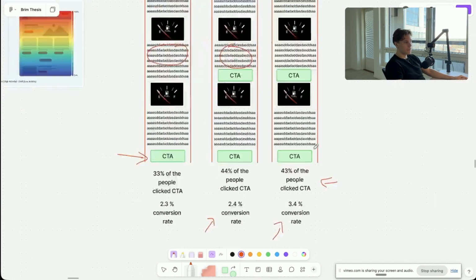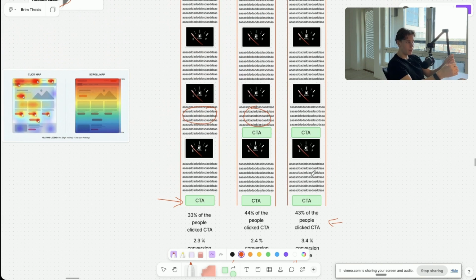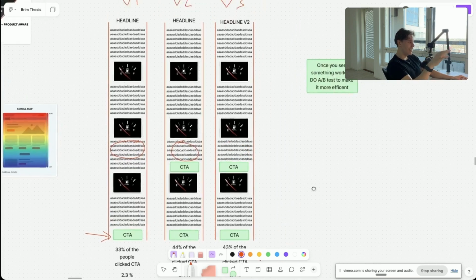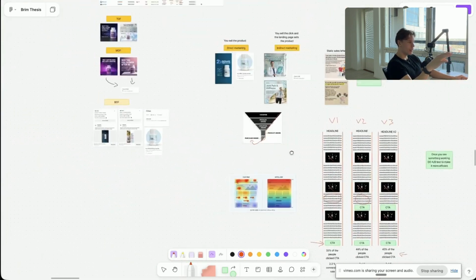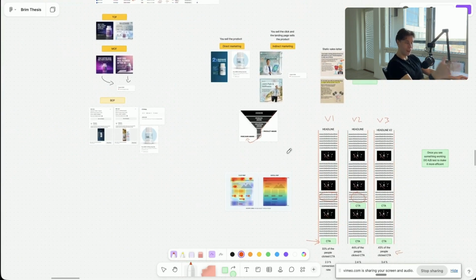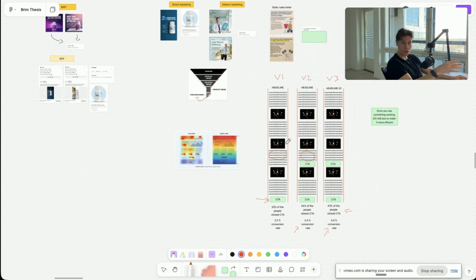So basically, after the point you made the landing page, you just need to do CRO, conversion rate optimization, to the point that the number doesn't increase anymore. And then you have created a landing page system that you already know people are going to convert on if you get them to your landing page.